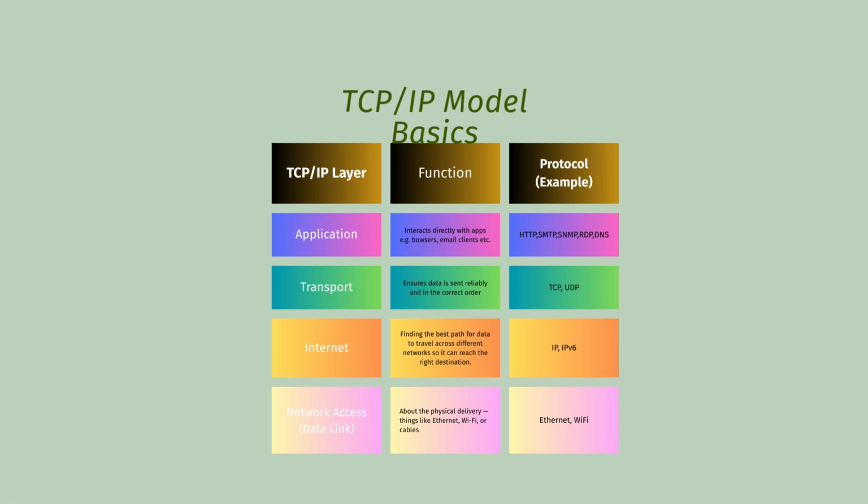The third layer, the internet layer, is used for finding the best path for data to travel across different networks so that it can reach the right destination. Think of it like a traffic controller controlling the flow of traffic on a busy road.